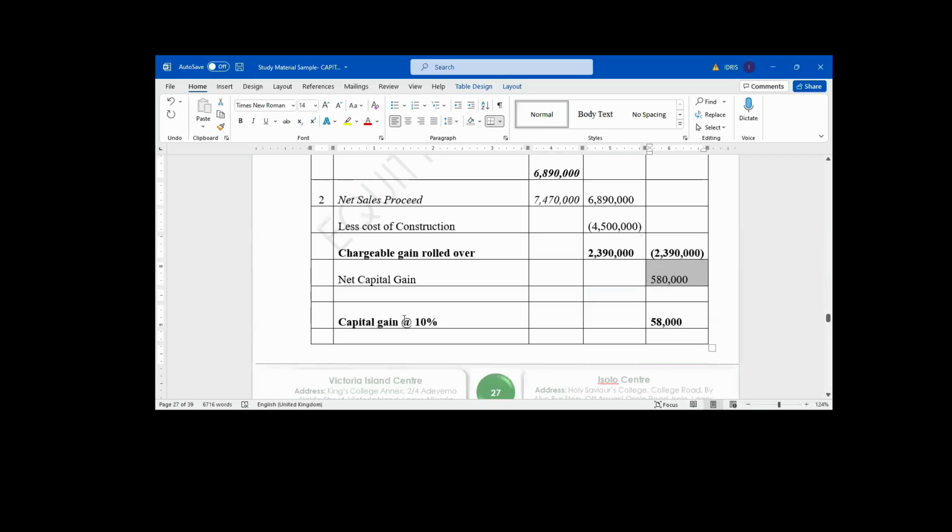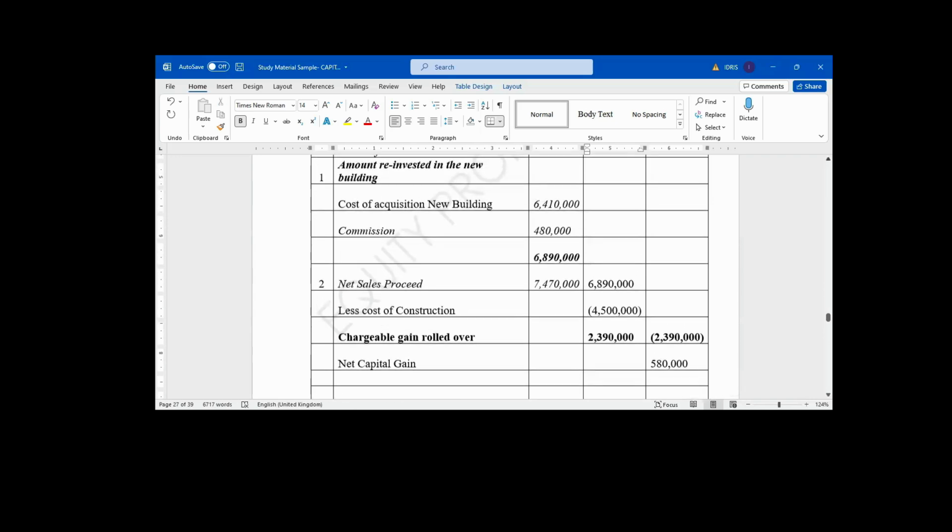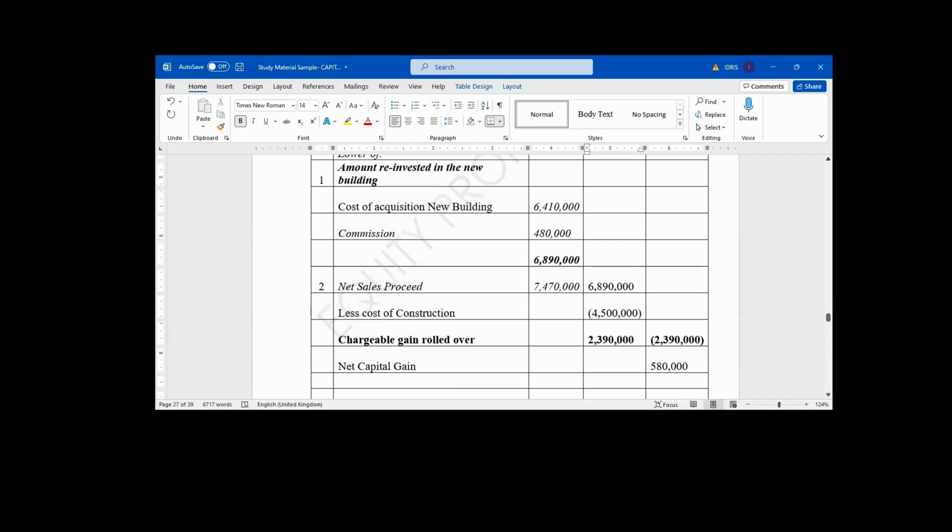Capital gain tax will be how much? 10% of the net capital gain, which is 58. Do you understand how we get this? To get your rollover amount, you compare the lower of amount reinvested and the net sales proceed.